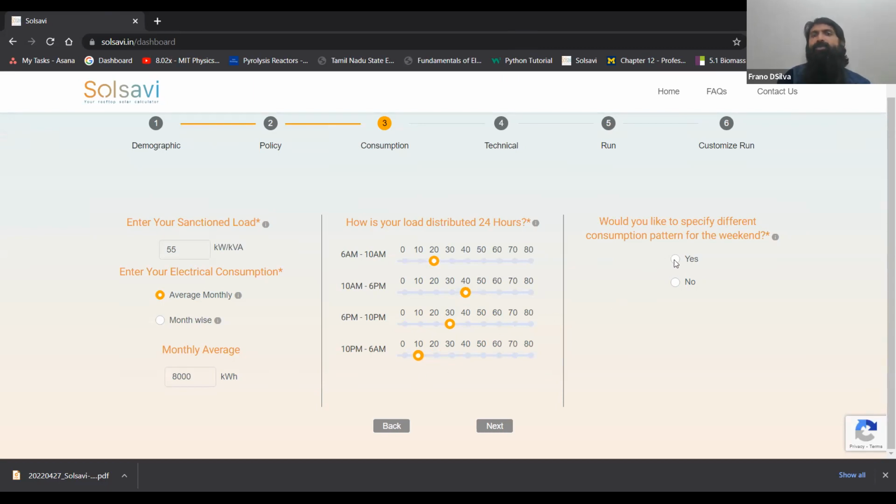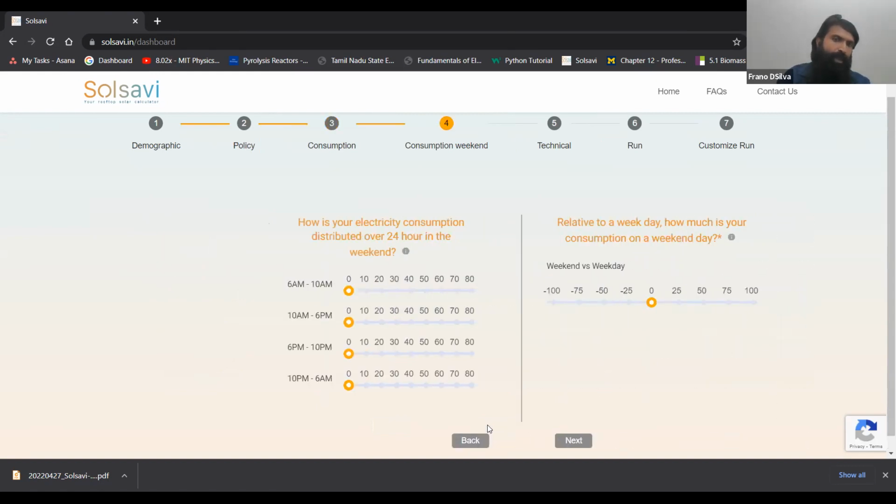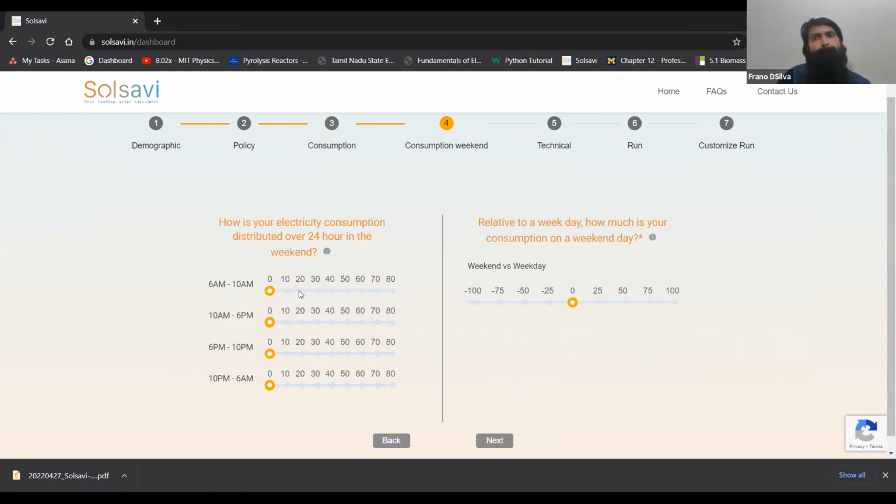In this simulation, we would like to define the weekend consumption different to the weekday consumption, assuming that this commercial property or facility has a higher weekend consumption as compared to weekday. We would give the percentage of consumption as similar to weekday, but we define the relative consumption pattern to be 25% more as compared to weekday.